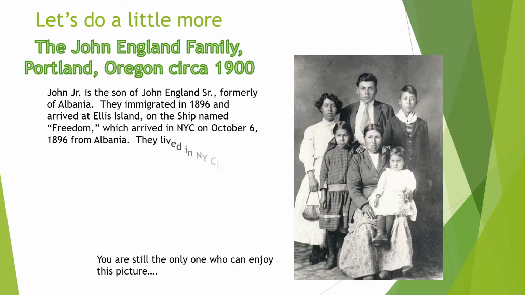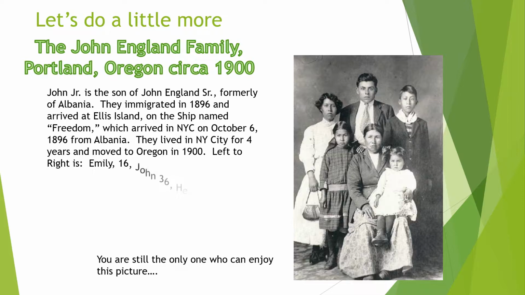They lived in New York for about 4 years, and then they moved to Oregon in 1900. So from left to right, we have Emily, who's 16. We have John, 36. Henry, 12. Mary, 8. Alberta, 32. And Alice, 4 years old.